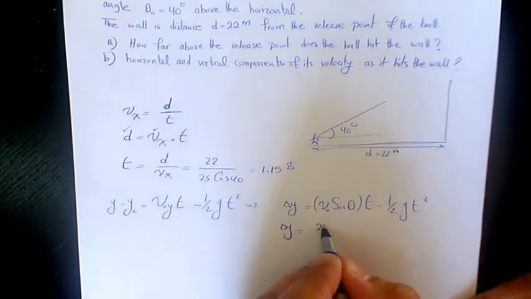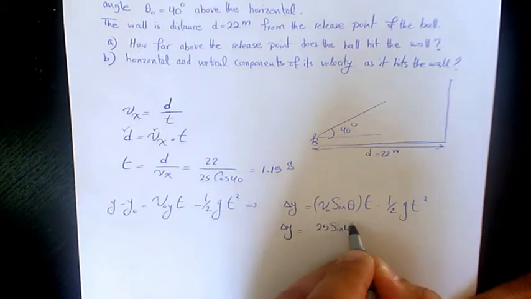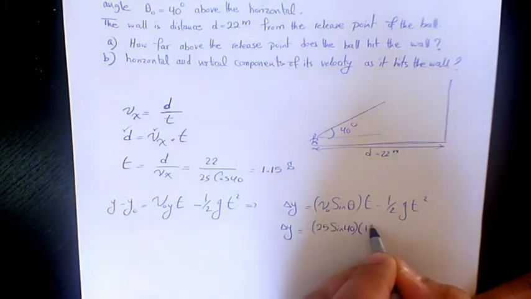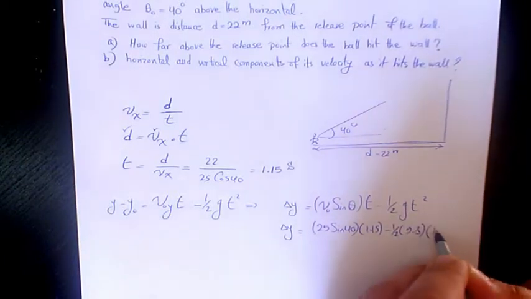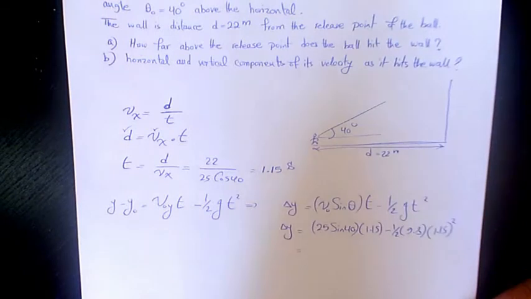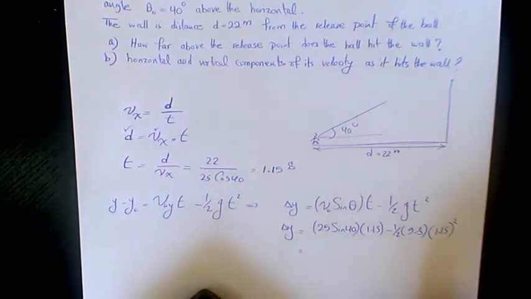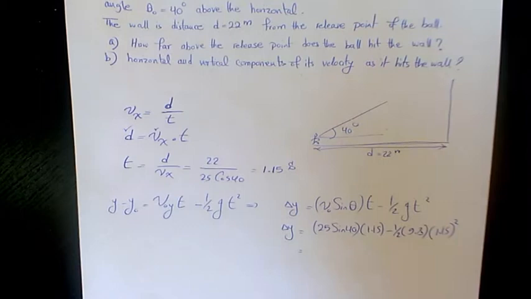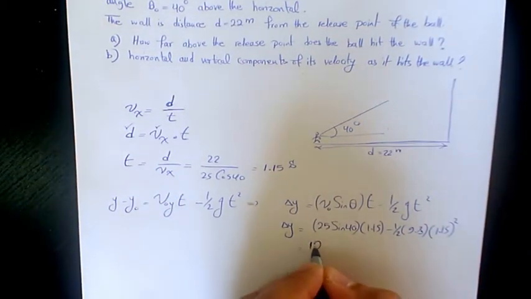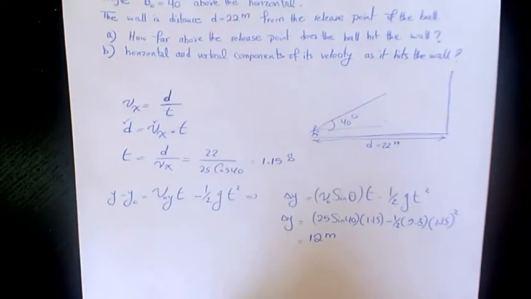This is 25 times sine 40 times 1.15 minus 0.5 times 9.8 times 1.15 squared. That's approximately equal to 12 meters.